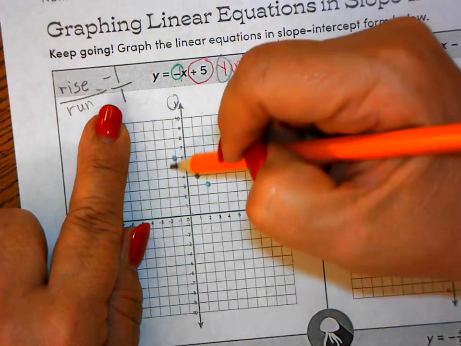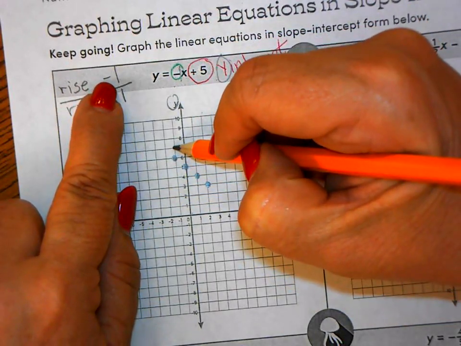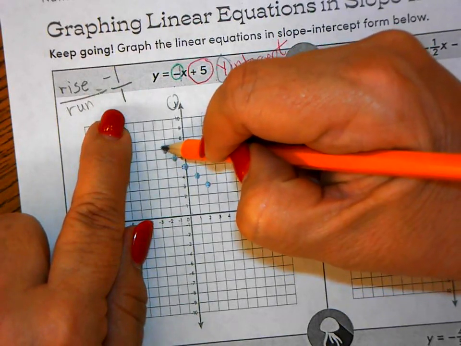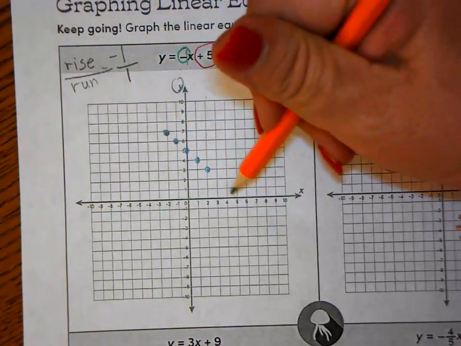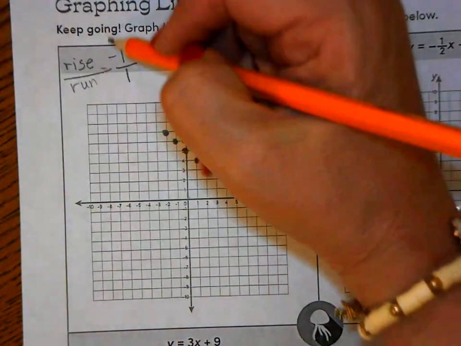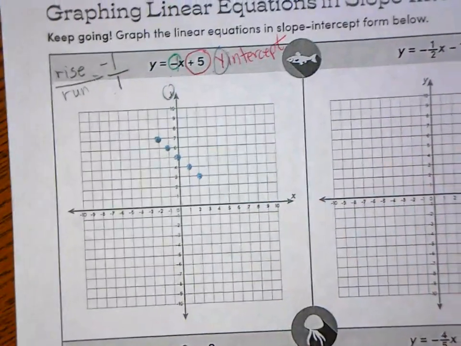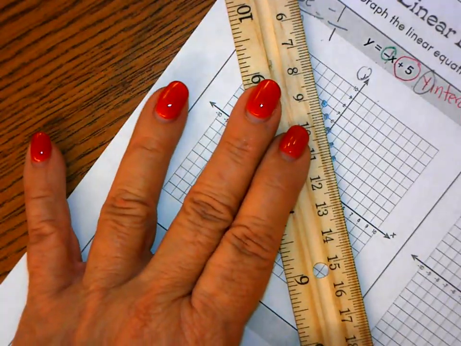I want to plot another one, so I'm going to have a rise of +1 and a run of -1 to place them on the opposite side. So remember, when we're going on the opposite side, you're going to have opposite symbols. If it was negative, it's going to positive. If it was positive, it's going to negative.